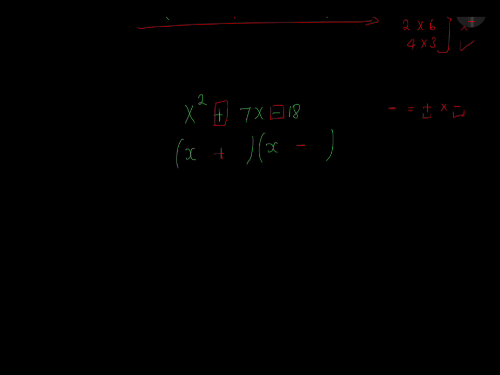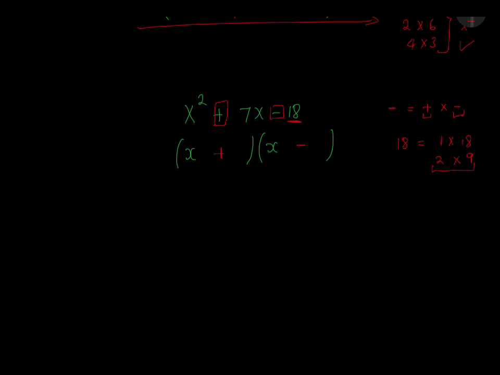Okay, now let's look at this constant 18. What are possible ways we can make 18? 18 can be obtained from 1 times 18, 2 times 9. Just notice something: 2 and 9, if we use 2 and 9, we can obtain 7, which is the middle term.